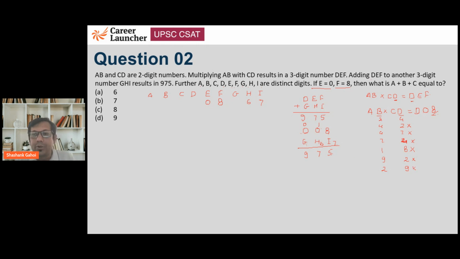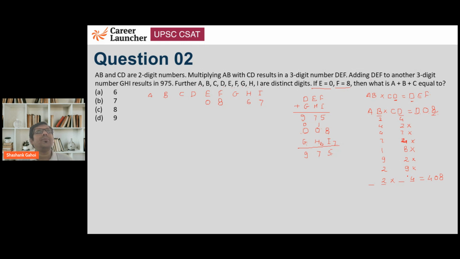The only possible outcome is 2, 4, and this number is 408. So I got 2 into 4, and that is equal to 408. Now how can I get it? Basically one number ends with 2, another number ends with 4, and the product is 408.